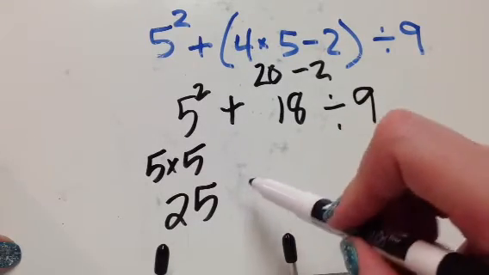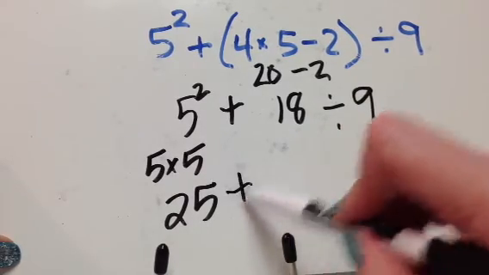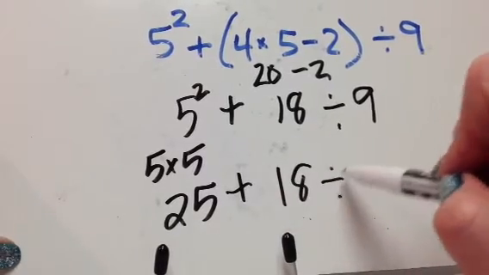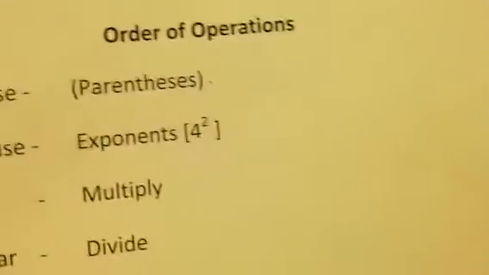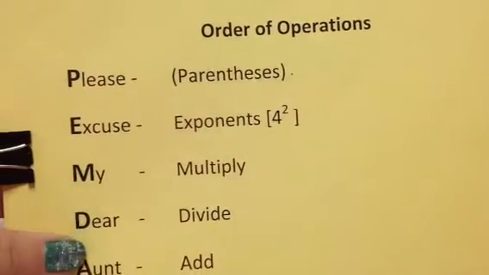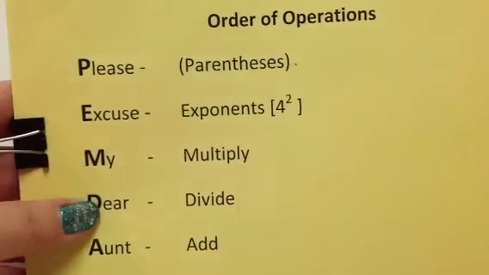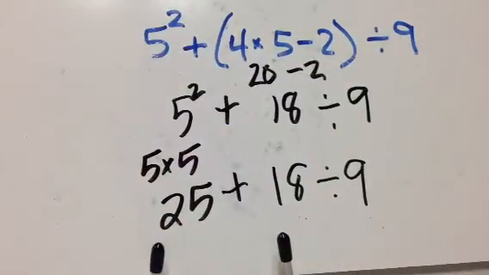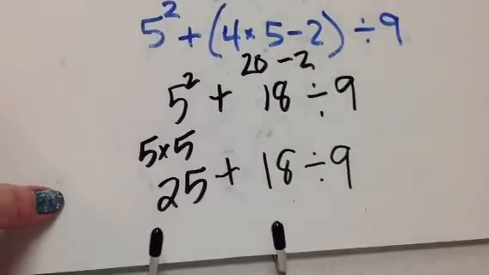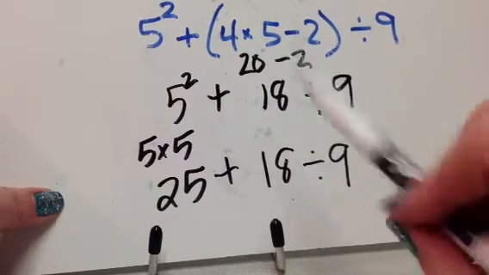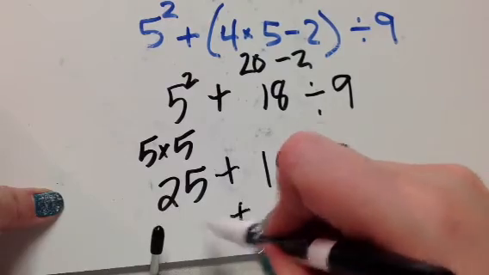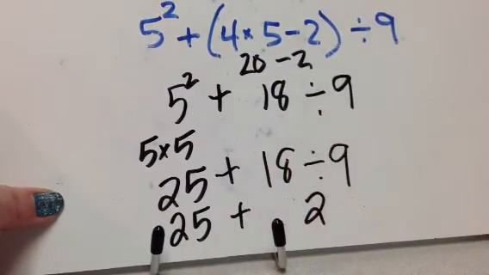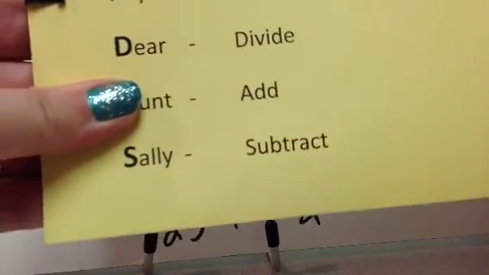And then I'm going to bring everything else down. Plus 18 divided by 9. What's the next thing that I have to do on my order of operations here? I've got through the parentheses, I've got through the exponents. Multiply and divide. And I only have one of those left, right? 18 divided by 9 is 2. And then I bring everything else down. My last things to do are add and subtract.